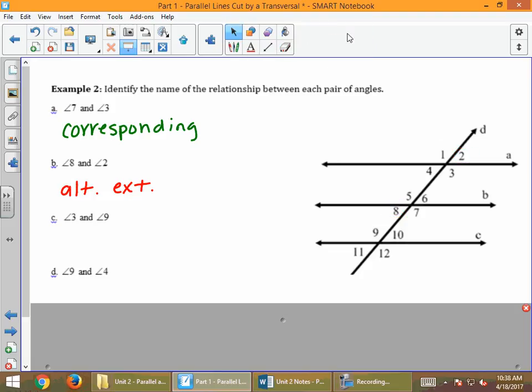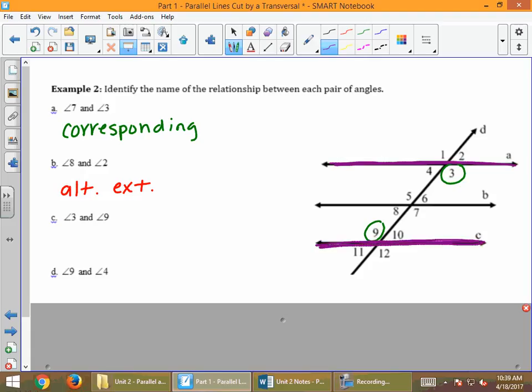We look at 3 and 9. This is tricky because covering up with the paper is going to block all the other angles. But just kind of ignore that middle line. That middle line has nothing to do with where these angles are. We're just focusing on this line right here and this line right here. And then we're focusing on this transversal. So just ignore that middle line.